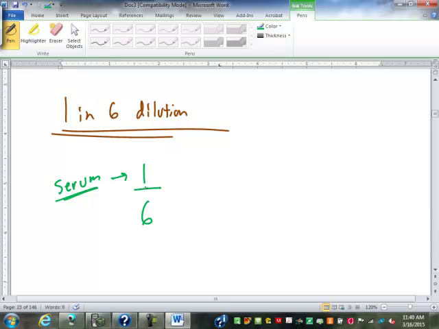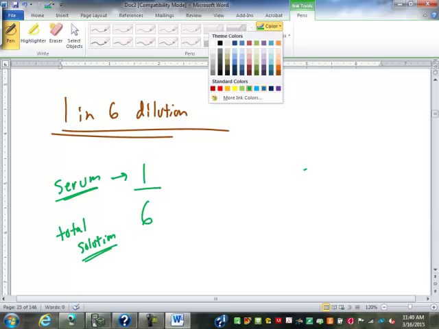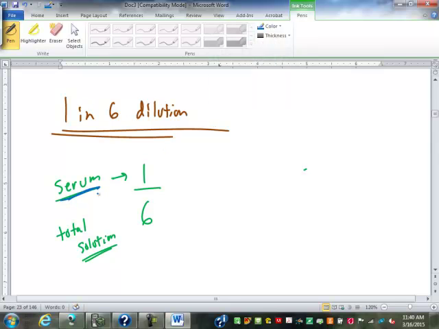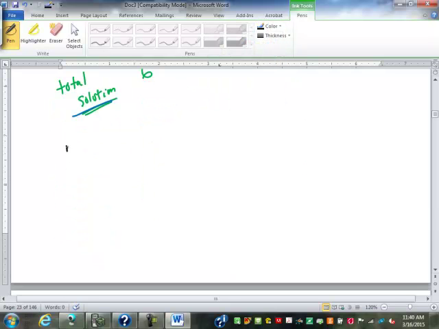The 6 refers to the total solution, the total final amount of solution. So a 1 in 6 dilution would be 1 part of serum or concentrate in every 6 parts of total solution.